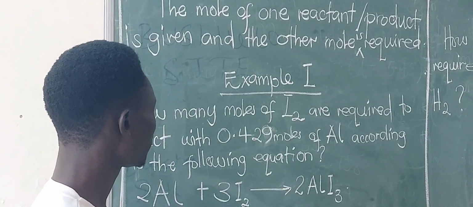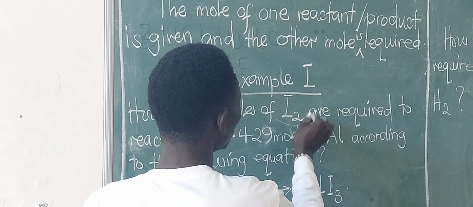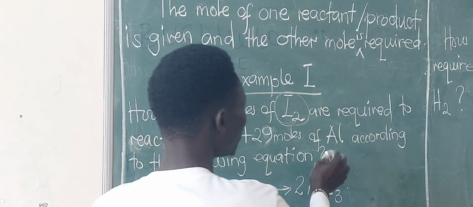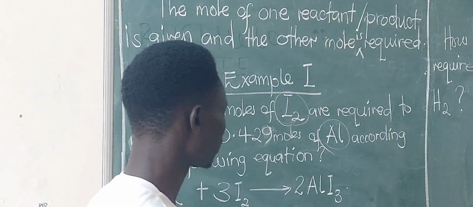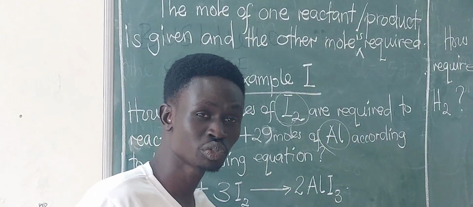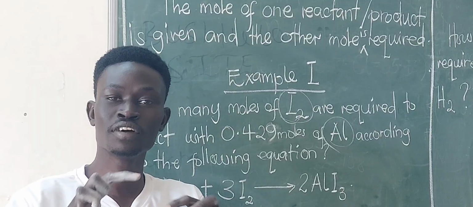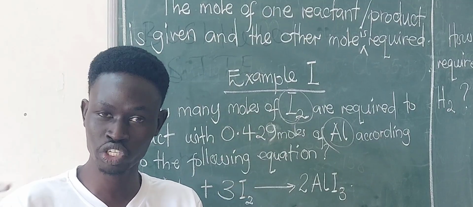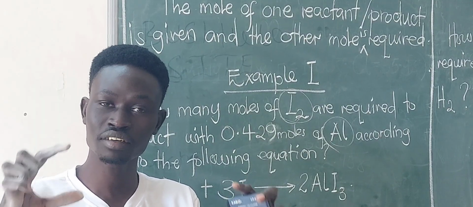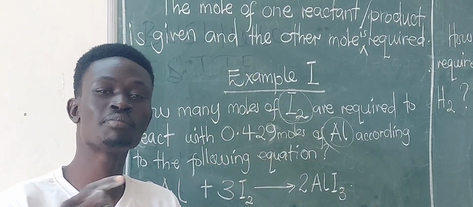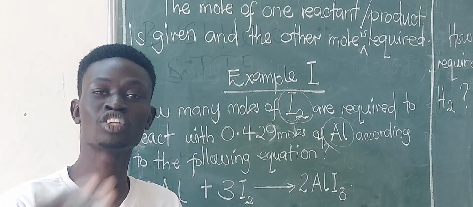Here the moles of iodine are not given, but the moles of aluminium are given. In this case, student, you need to first get the full balanced chemical equation. After getting that balanced chemical equation, that's when you can solve for the moles of the element that is required.